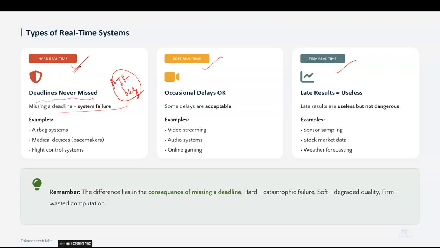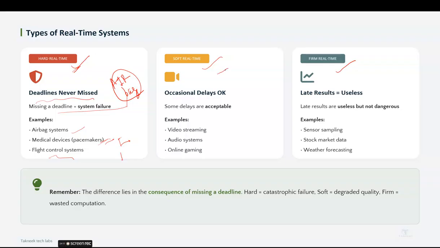Those systems are called hard real time. Airbags cannot miss, medical devices cannot miss. If a pacemaker misses one or two times, then a person can die. Flight control systems cannot miss any single deadline.